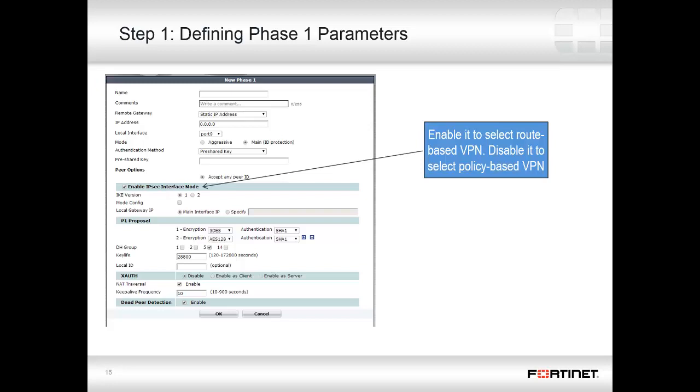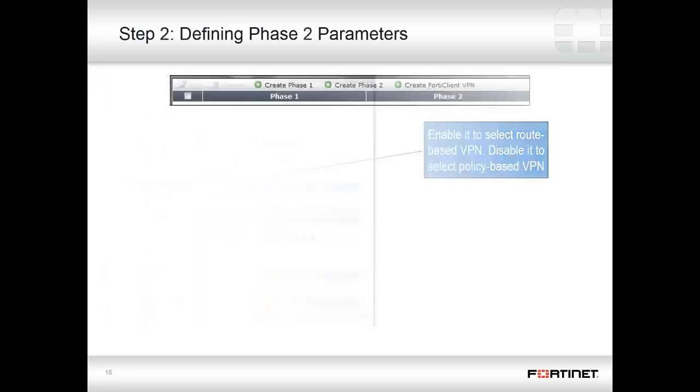In those cases, the same pre-shared key must be manually entered on both sides. As a matter of fact, what is important to know at this point is that most of the FortiGate Phase 1 configurations must match on both sides. It is during the Phase 1 creation that we specify the type of VPN configuration, either route-based or policy-based.